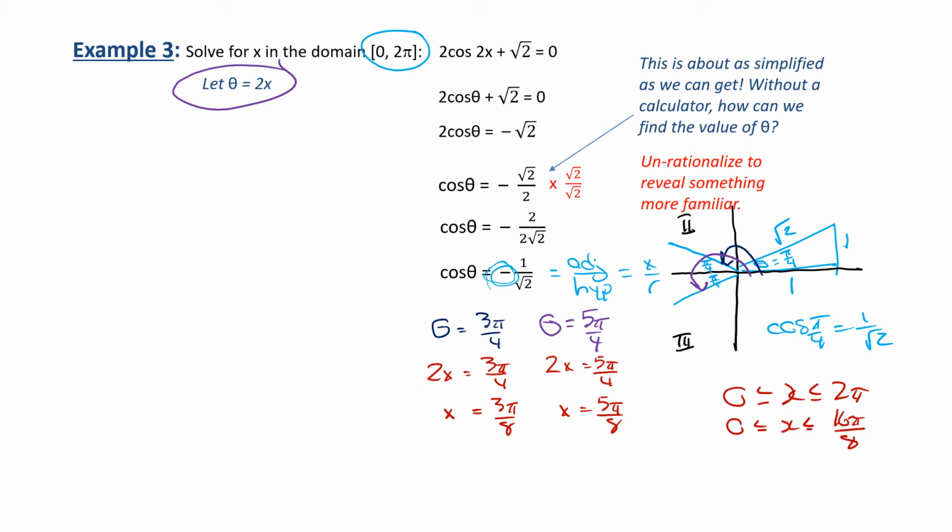It's 16 over 8. So I can certainly get some more answers here. This is again an example where I've taken my cos wave and I've compressed it horizontally.